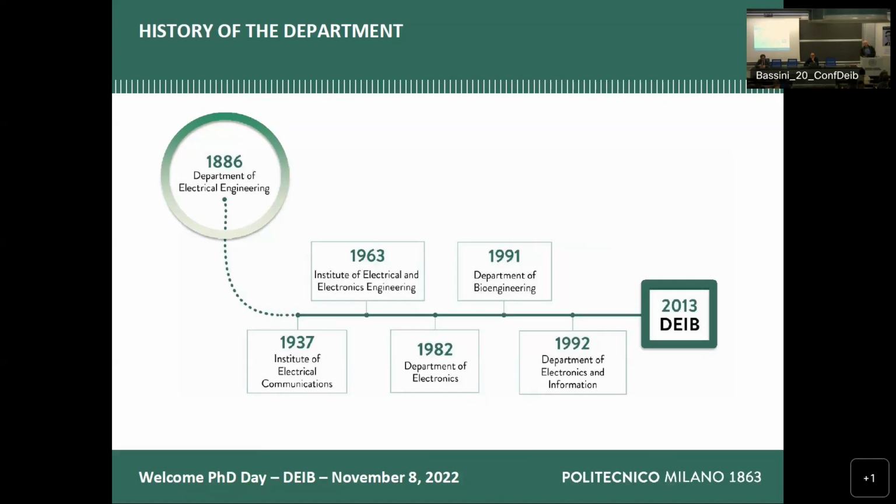Then there are 12 departments that are the structures involved in the research activities. There are 9 departments related to the engineering part, 2 departments related to architectural studies and architectural research, and a department related to the design part of our university.